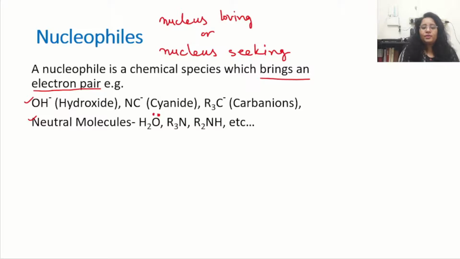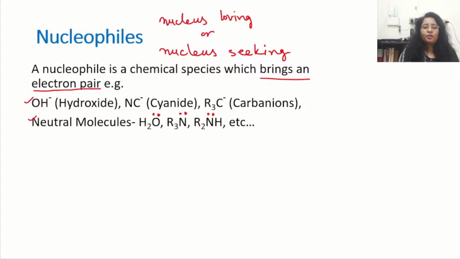In the same way, R3N has a pair of electrons which is unshared and unused. Same with R2NH. So a neutral molecule which has an unused pair of electrons, or a negatively charged ion, both will behave as a nucleophile.